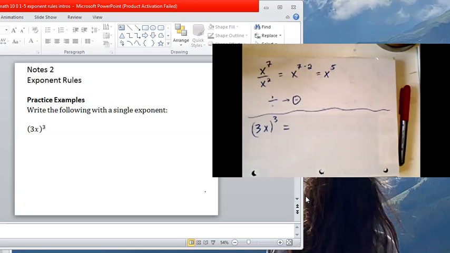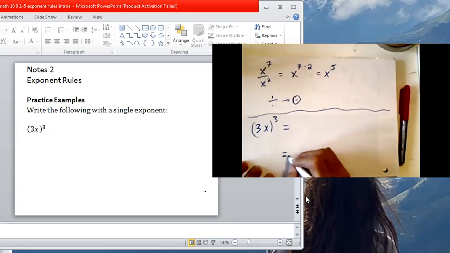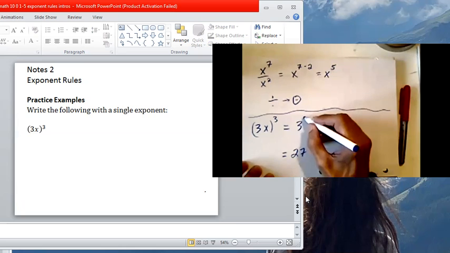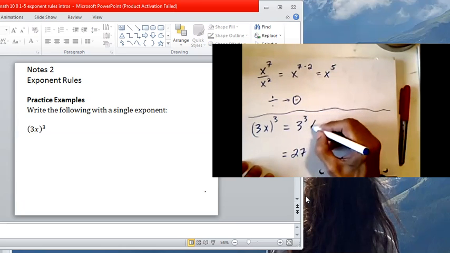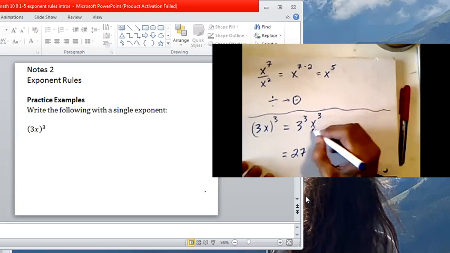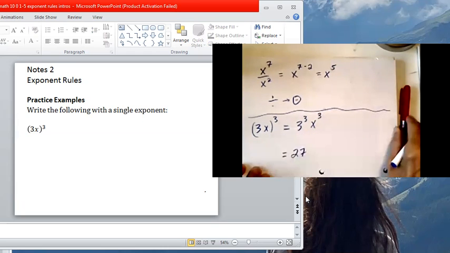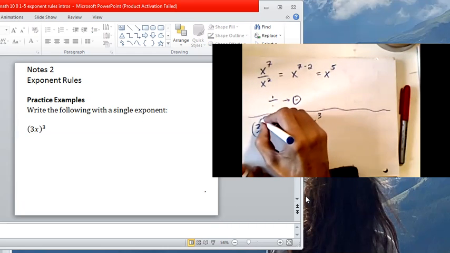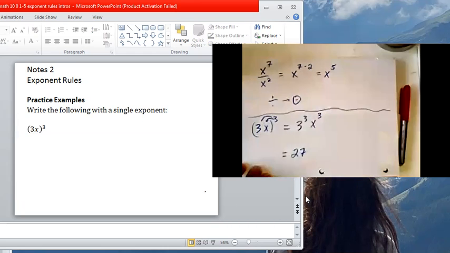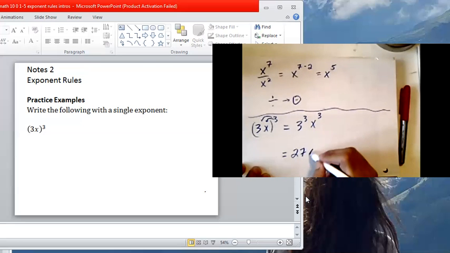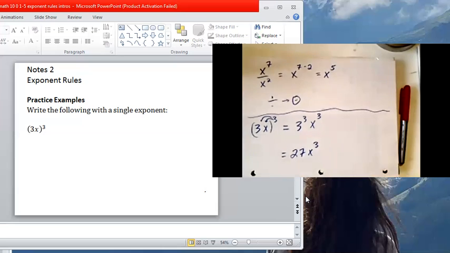Seven. How about 3 to the power of 3 and then x to the power of 3? Nice. Each thing gets it. The 3 gets the 3. The X gets the 3. Looks like this. Perfect. 27. X to the 3.